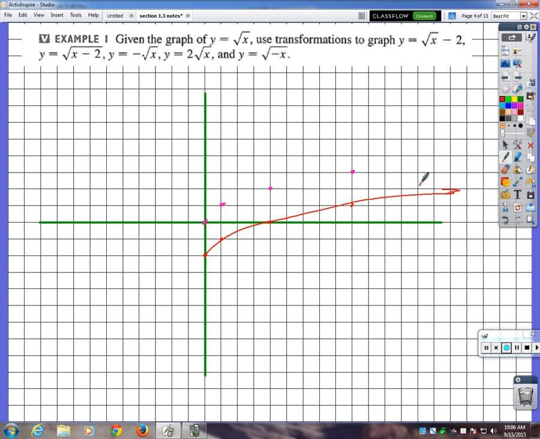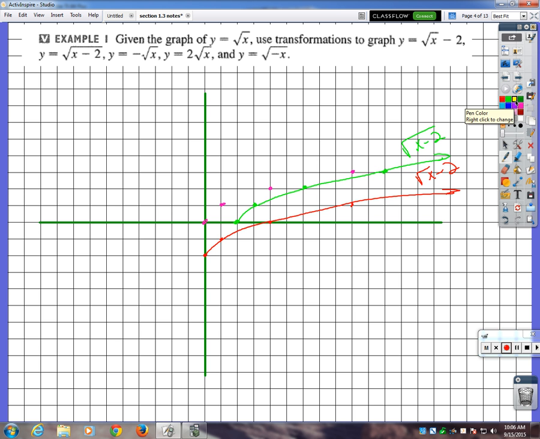Well, let's not worry about that right now. Square root of x minus 2, this time the minus 2 is inside the parentheses. What does it do to all these points? Right 2. Here, here, here, here. So this beautiful green graph is the square root of x minus 2.